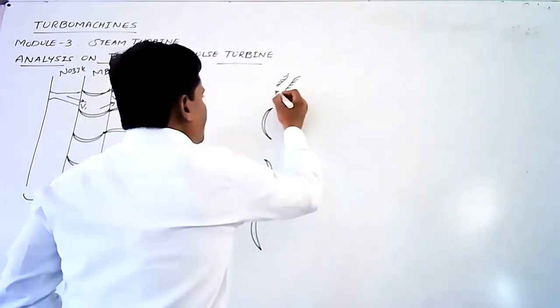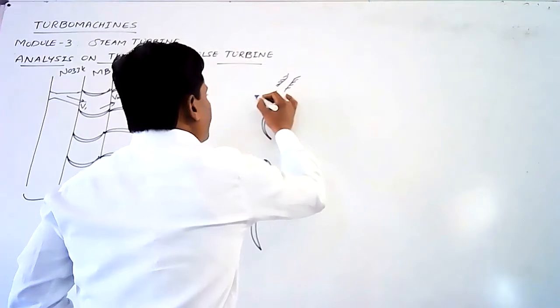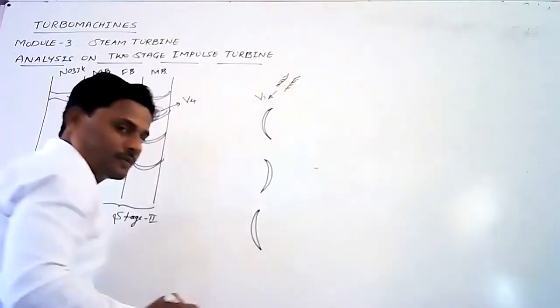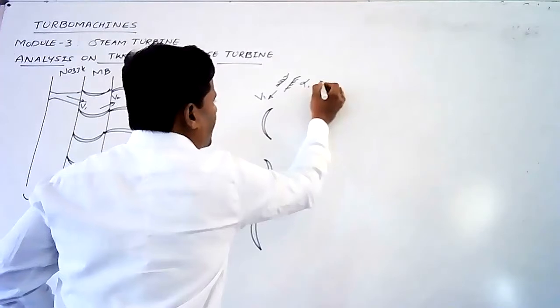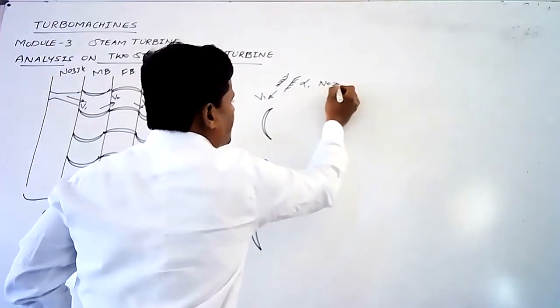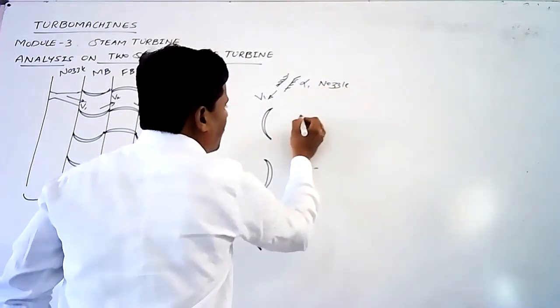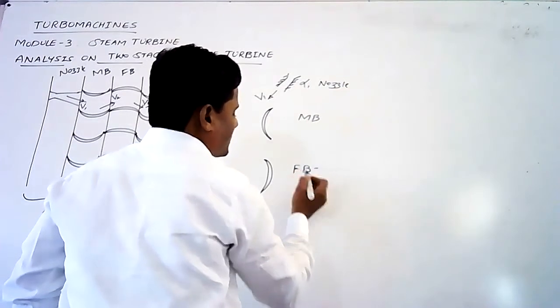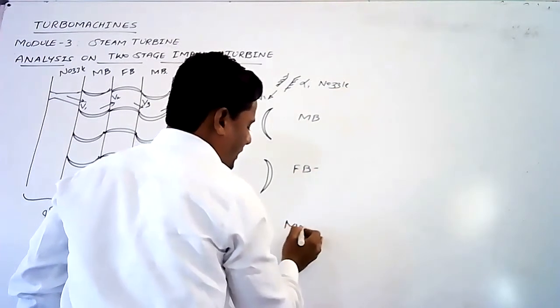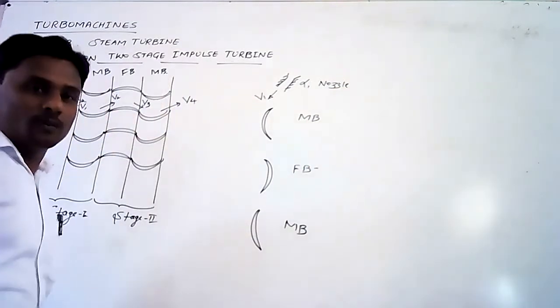With the velocity V1, the steam comes out from the nozzle, that is V1. Nozzle angle is always alpha 1. Let me write here as nozzle. This is a nozzle. This is the moving blade. This is the fixed blade. And lastly, this one is the moving blade. This is a sequence.